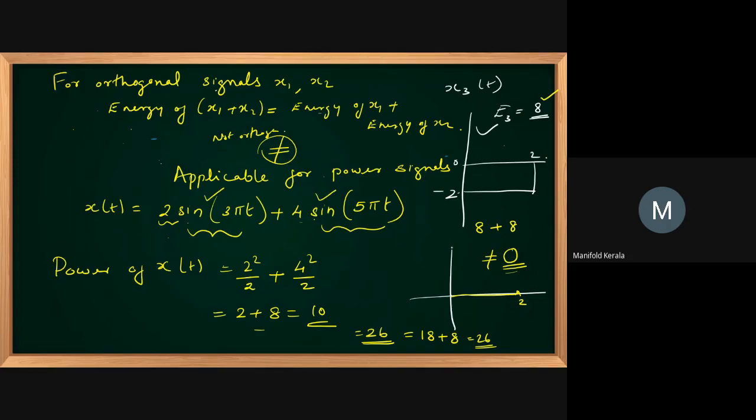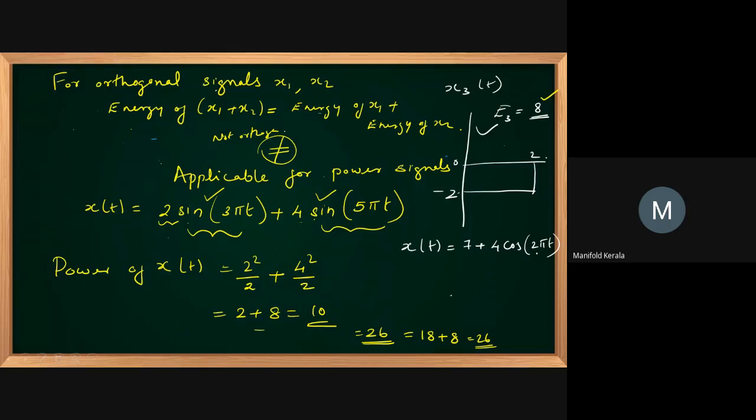Now, what about a sine wave and a DC content? If I add up a sine wave and a DC content, can I use the same principle? I'll try to explain it with an example. H of t is equal to 7 plus 4 cos 2 pi t. What will be the power of this particular signal?